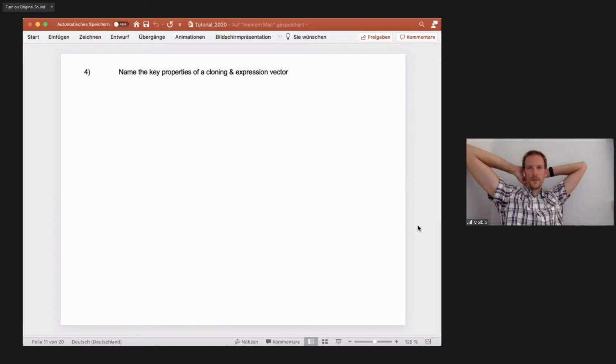Yes, but that could also be just cloning. By deliver, that could refer to simply cloning, but there's another word. You mean vehicle? No, I mean expression.